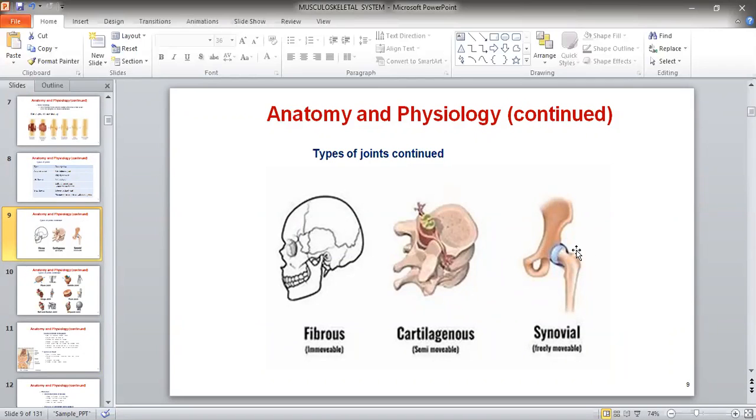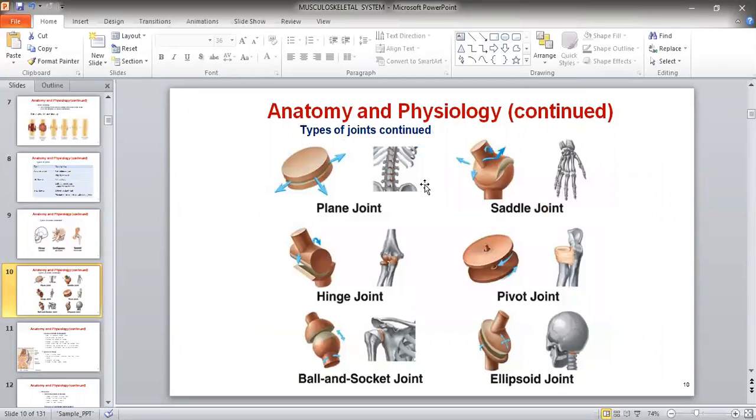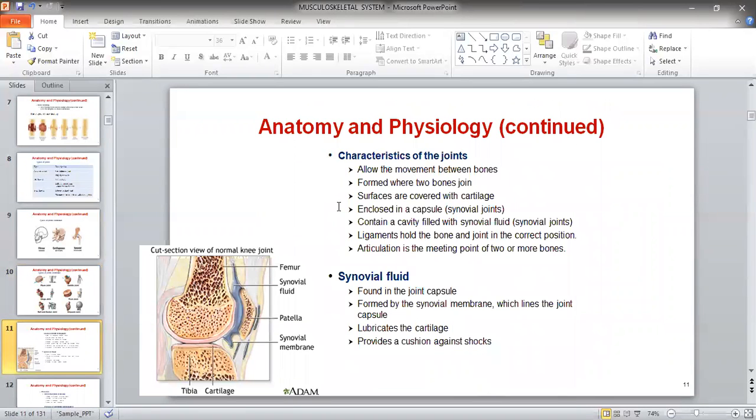You can do the extension, right? You can do lateral rotation, medial rotation here. Also, this picture shows the types of joint, with different examples in the body: ball and socket, ellipsoid, pivot, saddle, hinge, and here showing the characteristics of the joint.